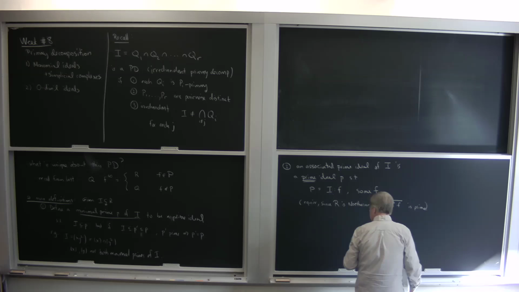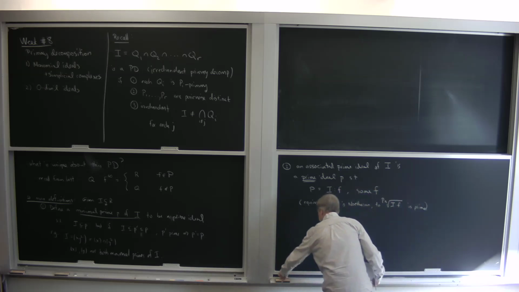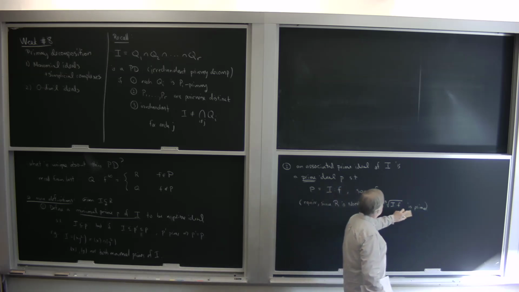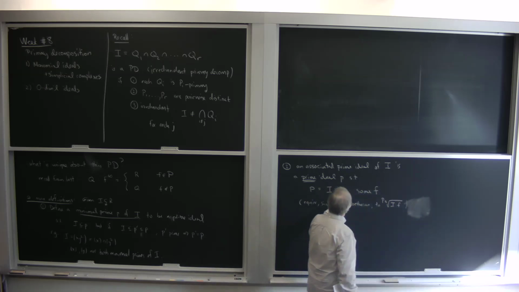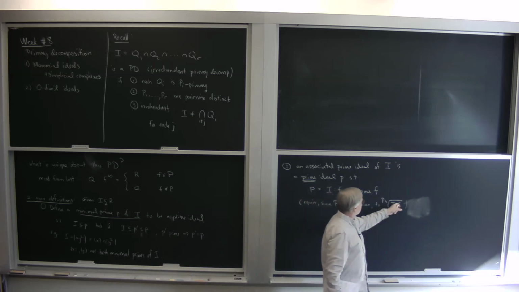When I say that, I mean that P is equal to this. So P is either equal to I colon f, or you could say it's the radical of such a thing. If I look over all ideals of this form and take the ones that are prime, I also get the set of associated primes.